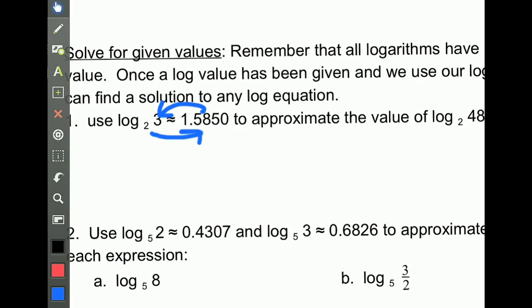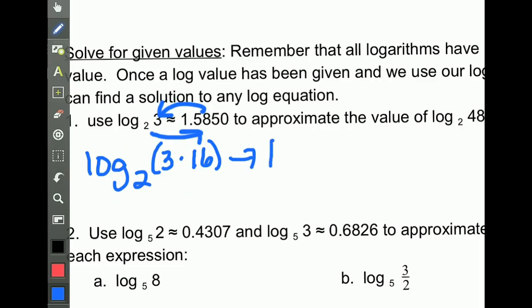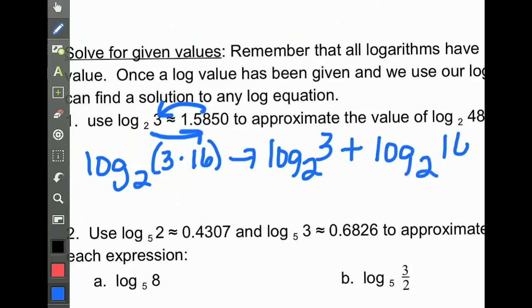So it says approximate the log value of log base 2 of 48. So since we have a log of 3, let's expand this using our logs. So let's figure out what we can split 48 down into. And since we already have a 3, let's use the 3. So 3 times 16 gives us 48. So if I expand that out, I would have log base 2 of 3, which I have a value for, I'm expanding by addition since we're doing multiplication, and log base 2 of 16.